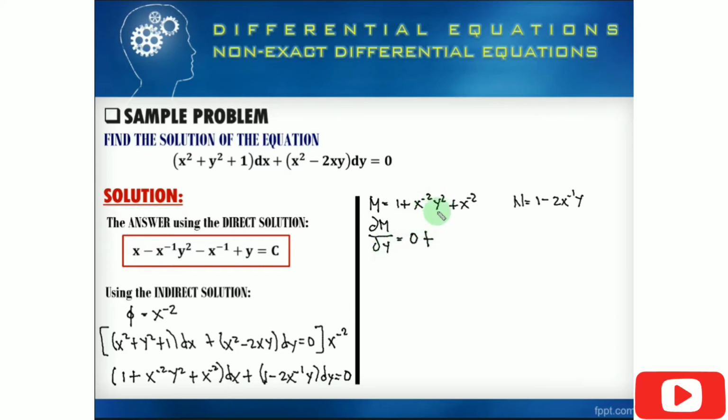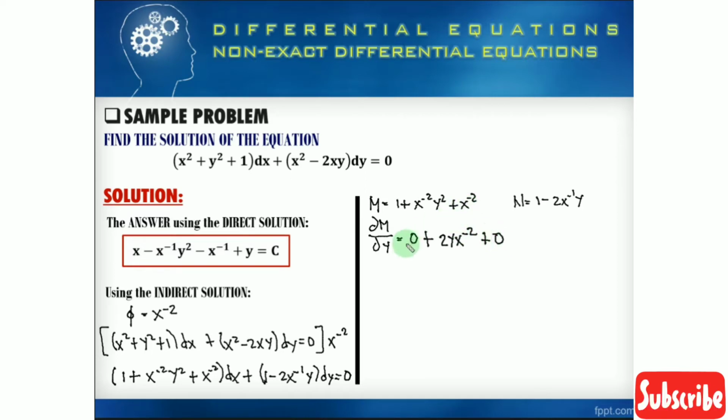With y as our variable, we have 2 times y, and then 2 minus 1 is just 1, so we just put 1 times x raised to the negative 2, and the third term is plus 0.